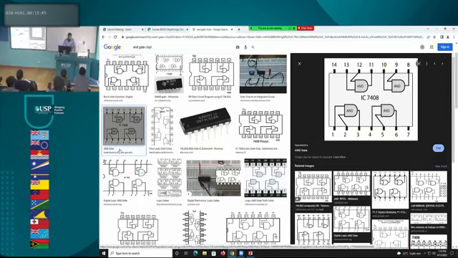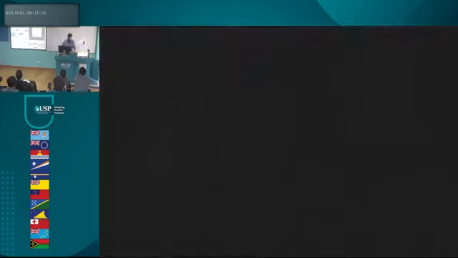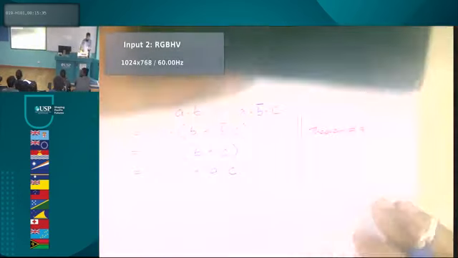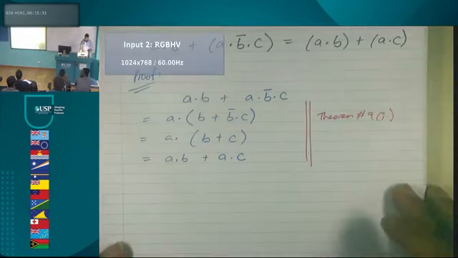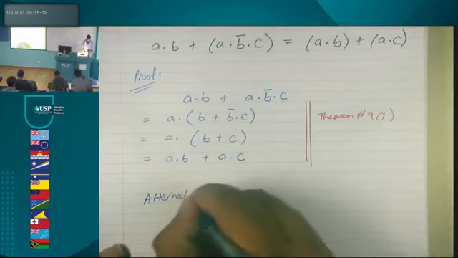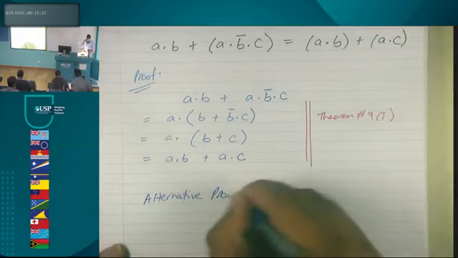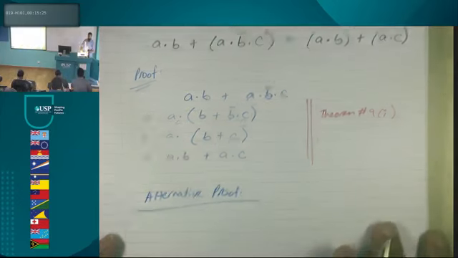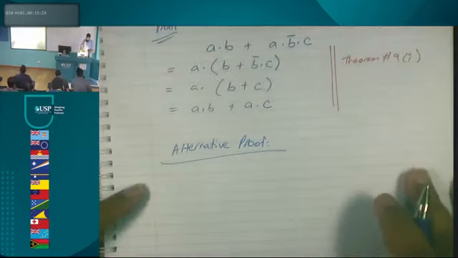Okay, all right. So let's have a look at this. Alternative proof. It's alternative, but it's the long cut, okay, the long cut.